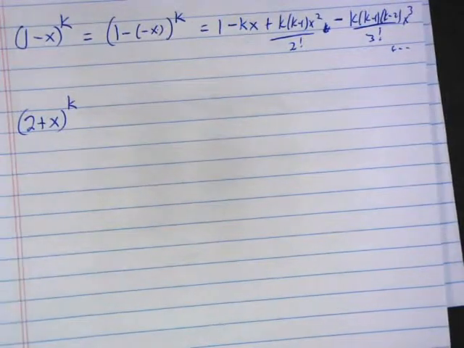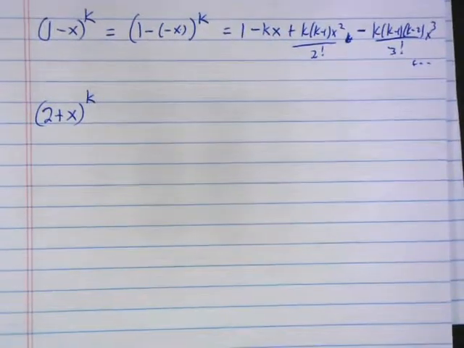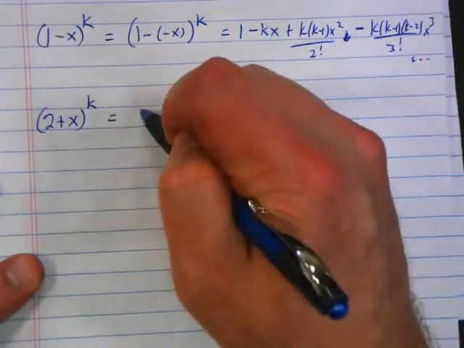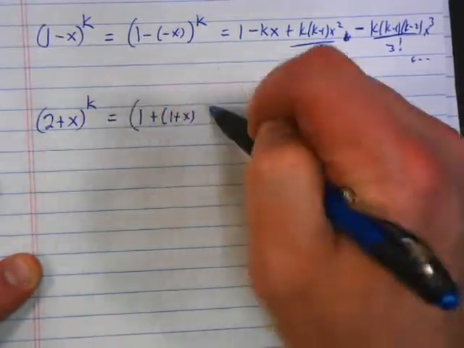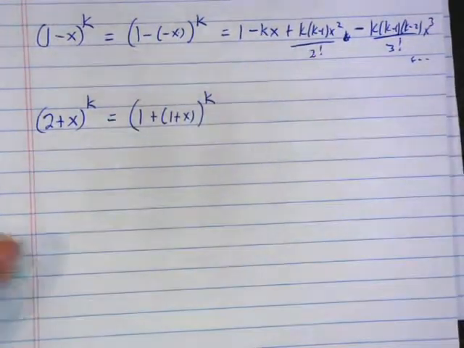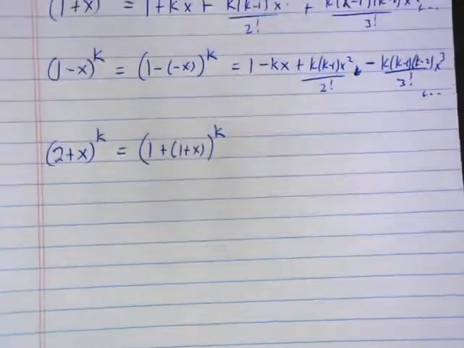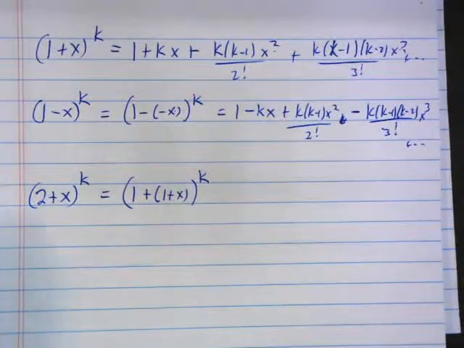What if you want 2 plus x to the k? Well, you write it as 1 plus x, all to the k. And then you go back up to this series up here.